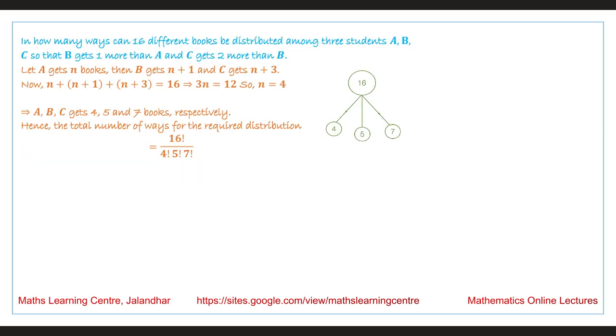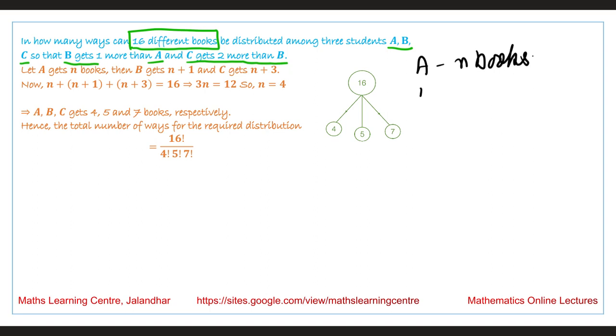Next is, in how many ways can 16 different books be distributed among 3 students A, B, C, so that B gets 1 more than A and C gets 2 more than B. So suppose A gets n books. It is given that B gets 1 more than A, so B gets n plus 1 books.